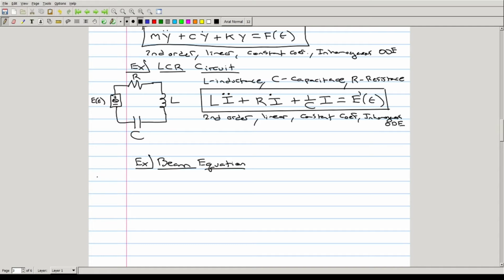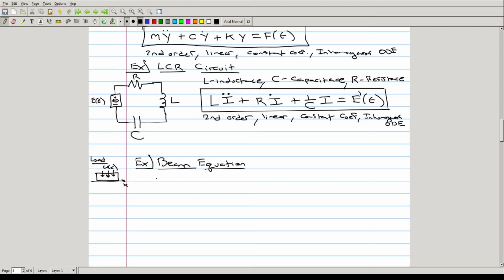This is the equation describing for a general beam how the beam is going to deflect under a load W of x. So if you put a load W of x on the beam, where this is the x-axis, the load could be a function of x.